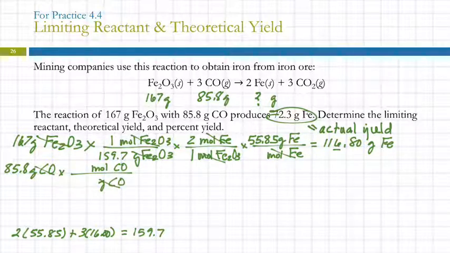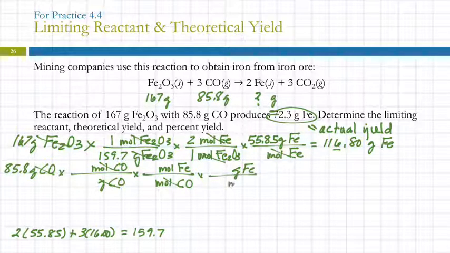And then I'm going to go to moles of iron because that's what I'm trying to find out about. And then grams of iron at the end. So that last term again is the same, 55.85. I need a molar mass for carbon monoxide.